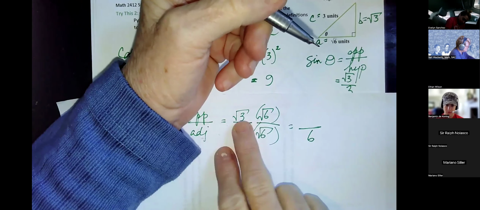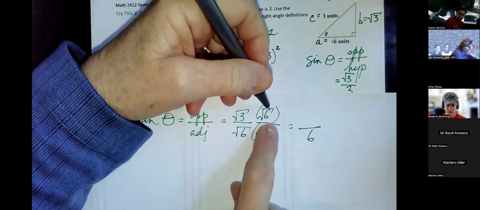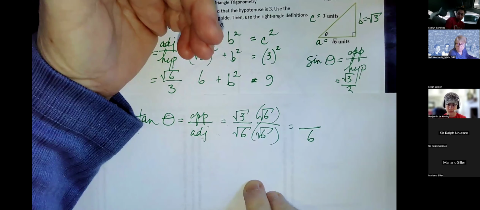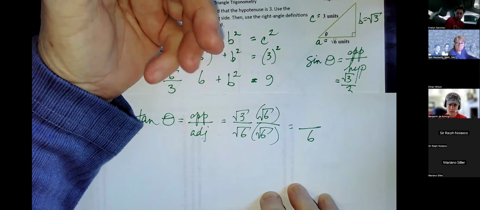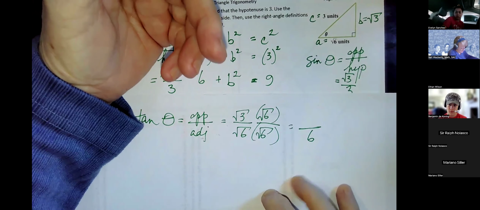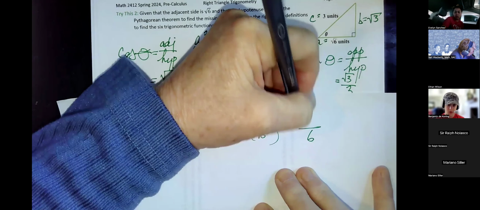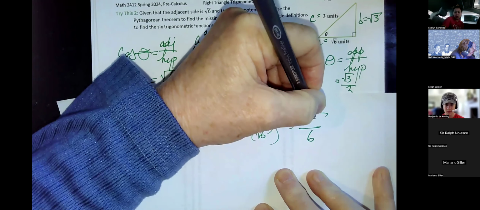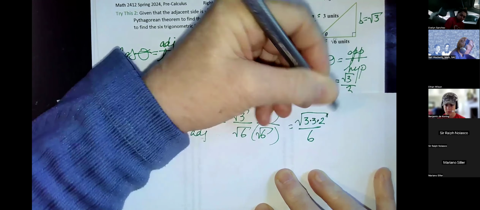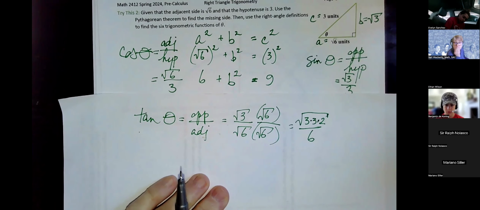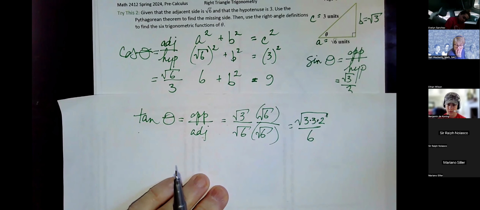And let's multiply mindfully. We've got 3 times 6, but 6 is what times what? 3 times 2. 6 is 3 times 2. So we've got 3 times 3 times 2. And why did we do that? Why is that a good thing? That's another way of writing out square root of 6. That doesn't change the fraction.